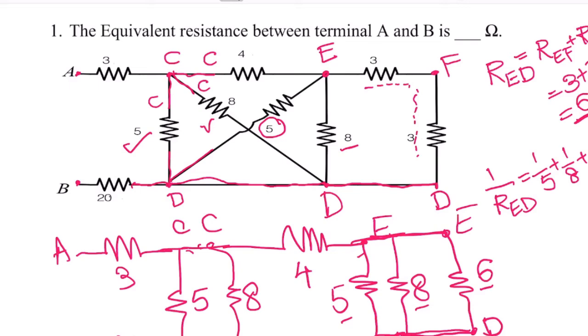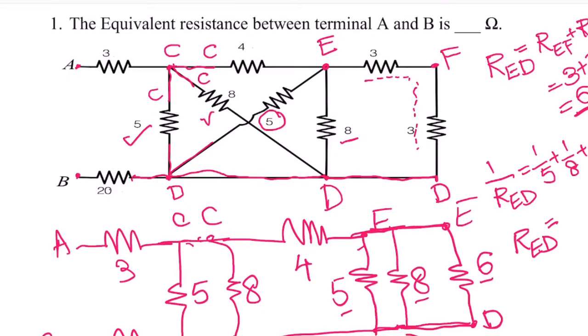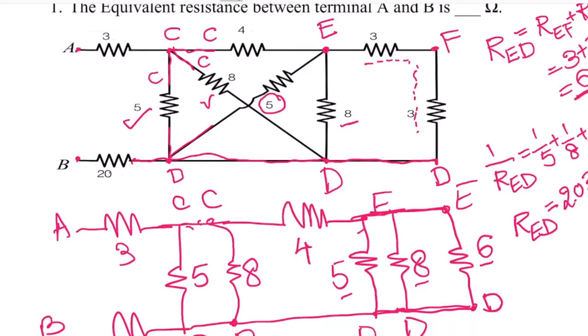Now if I calculate, RED is equal to 2.0339 ohms.